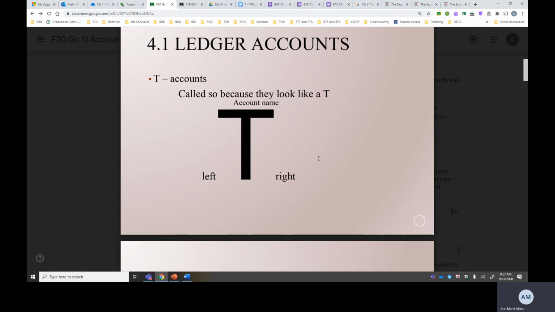They're sorted in a certain way as well. At the bottom of page 89, they've grouped all the asset accounts together, all the liability accounts together, and the owner's equity accounts together, in the order of the fundamental financial equation.